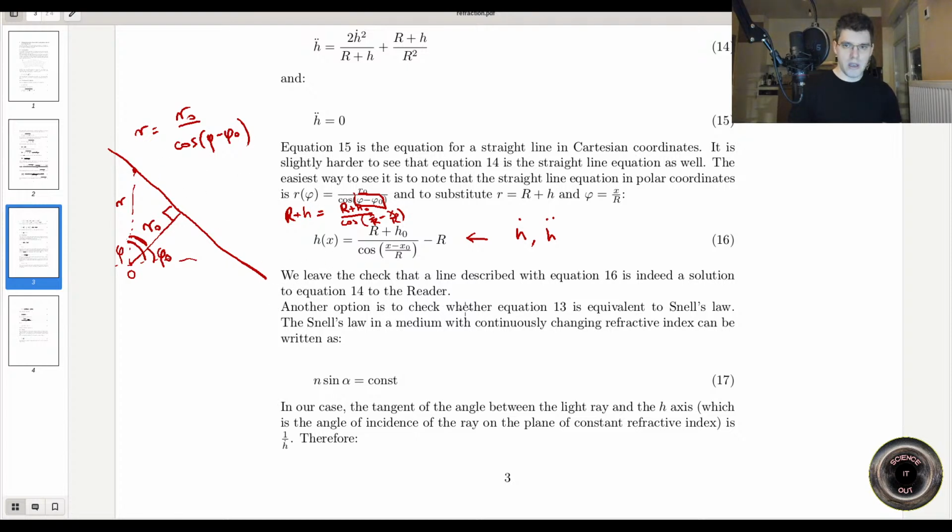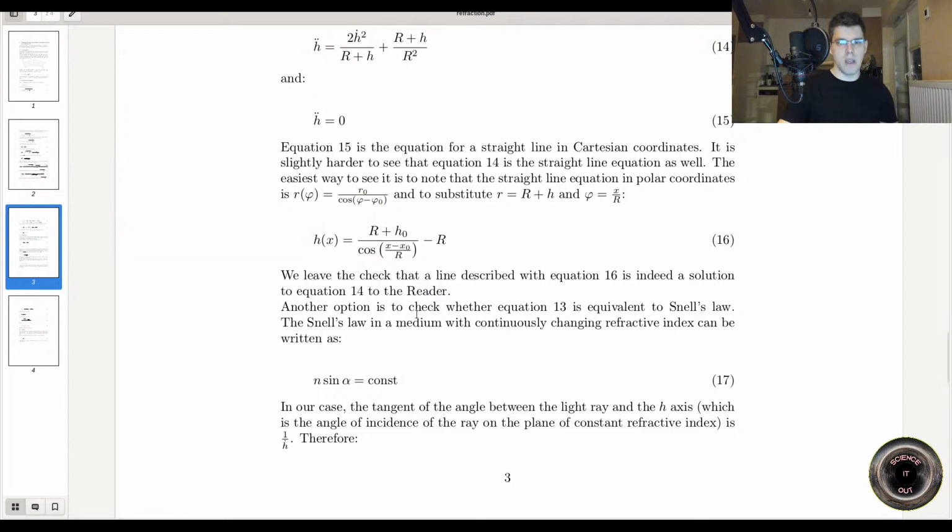And another check is to see whether this is equivalent to Snell's law, and so that's what I mentioned. Basically, Fermat's principle is in a way equivalent to Snell's law, so we can actually check that.